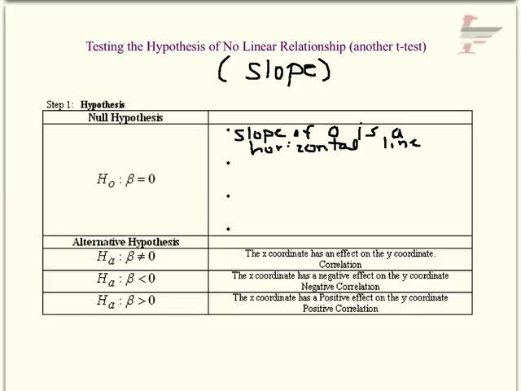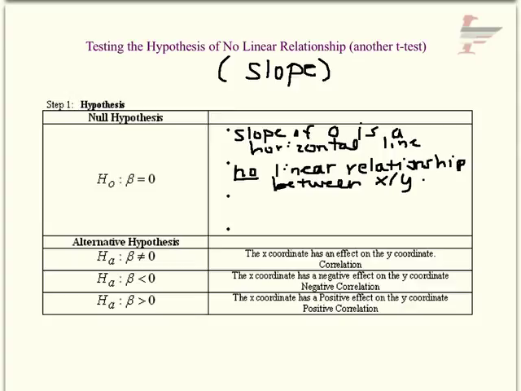So the null hypothesis states that there is no linear relationship, obviously between x and y. Or you could say there's no correlation between x and y, that might be a question that you're asked.